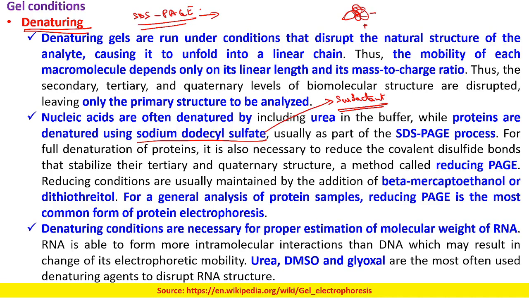However, we are mainly interested in the molecular weight of the proteins. When I talk about the molecular weight of the proteins, we have to break down this secondary or tertiary structure and convert it into a primary structure. Now how can we do it?